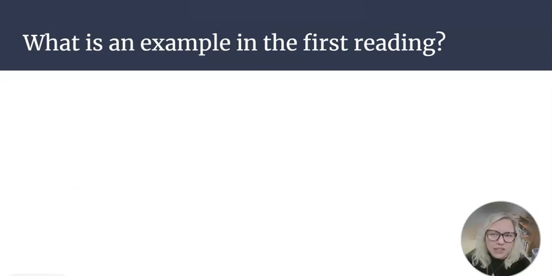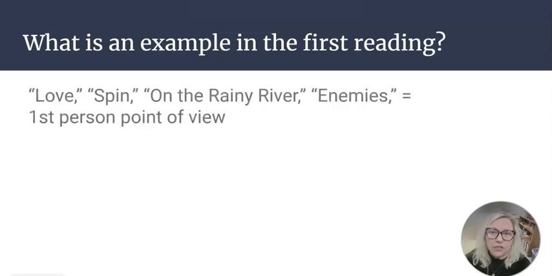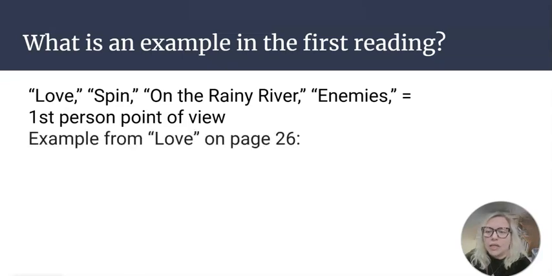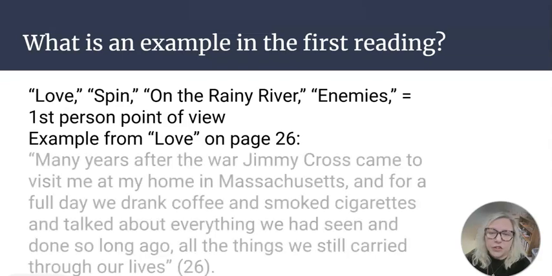The rest of the first reading is in the first person point of view, and the narrator is Tim O'Brien, the character, right? So he narrates love from his point of view in the first person.